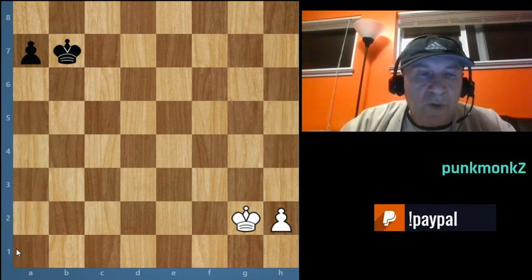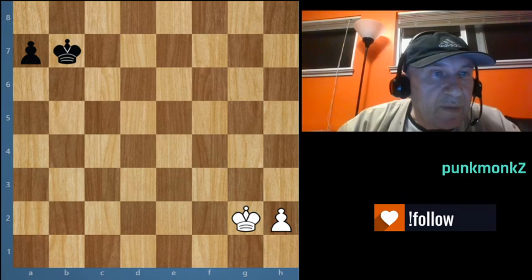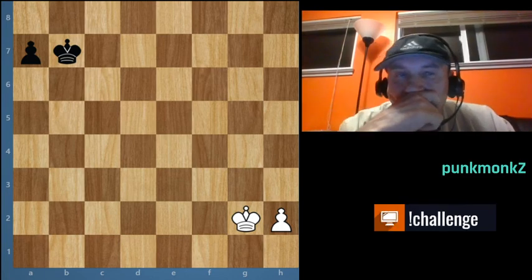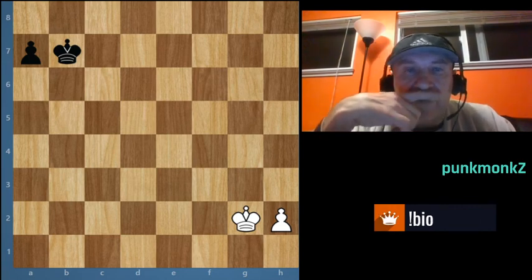In this position, it is black to move first. And the question is, what is the result? That's the first question. It's black to play, and what is the result?